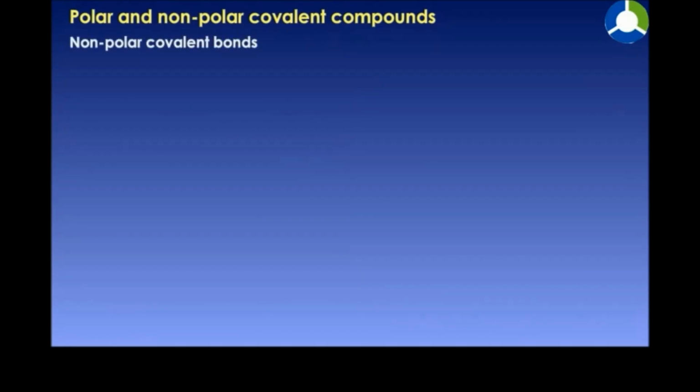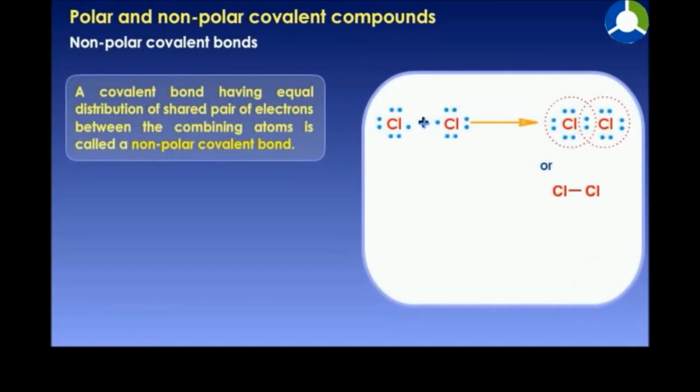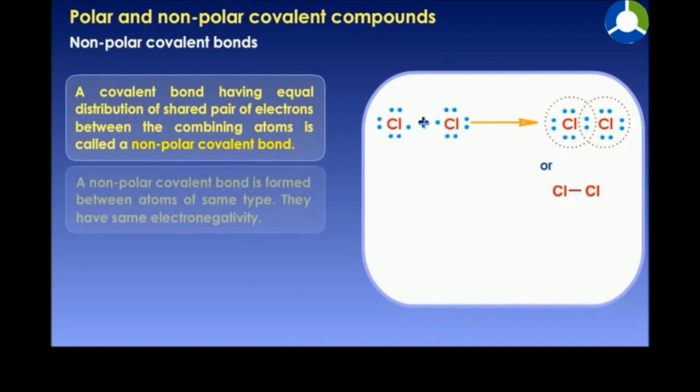Non-polar covalent bonds. A covalent bond having equal distribution of shared pair of electrons between the combining atoms is called a non-polar covalent bond. A non-polar covalent bond is formed between atoms of the same type.